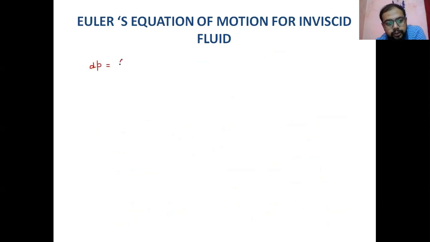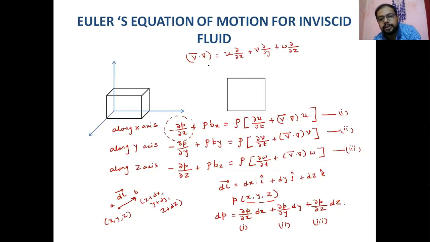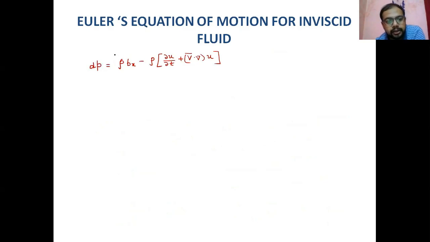So rho bx minus rho into del u del t plus V dot del into u, from this equation, you see. This total, the second bracket, into dx.